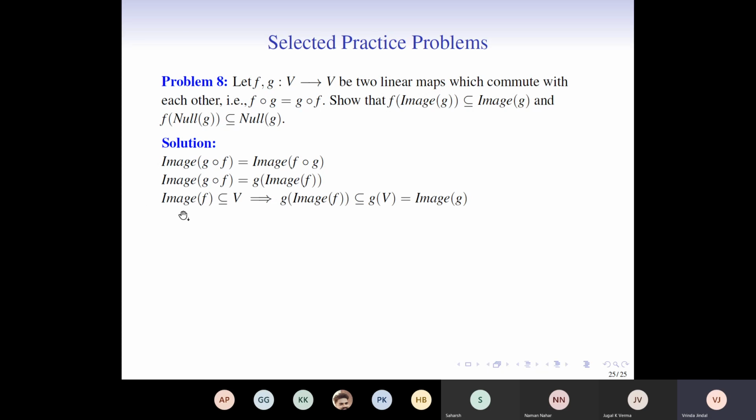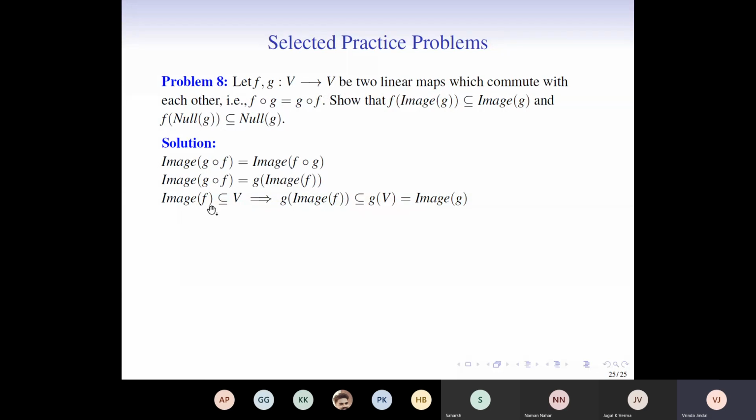Now, what is image of f? Image of f is basically all those values that we can get by applying f to a vector that belongs to V. And those vectors that we get after applying f to some vector will belong to V, because that is what lies on the right hand side in the definition of f.